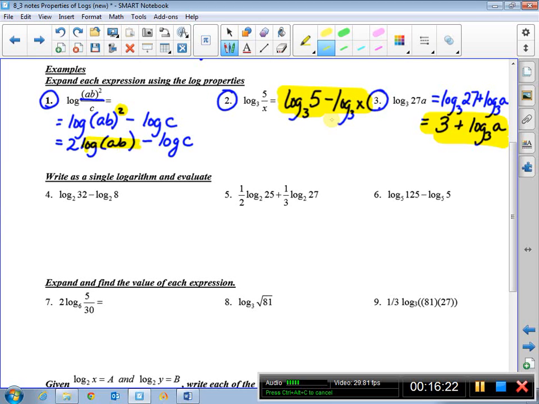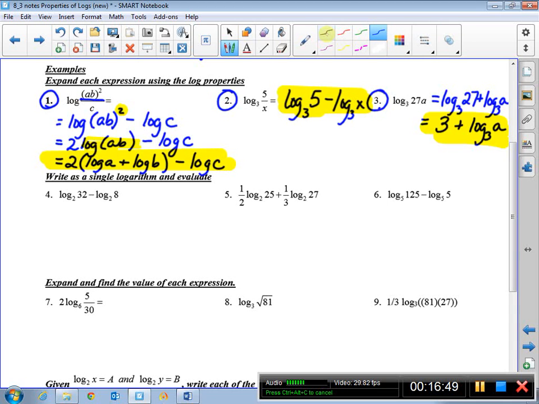So I need to split that up. So I need 2 times both of them. Log of A plus log of B. And there's that final answer. So there were all 3 properties in one question.